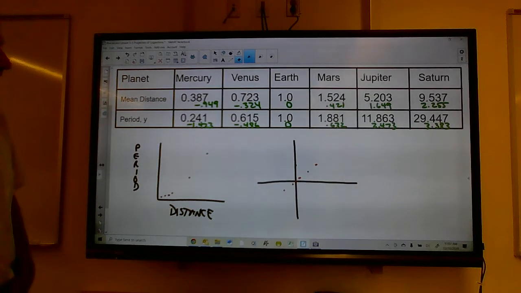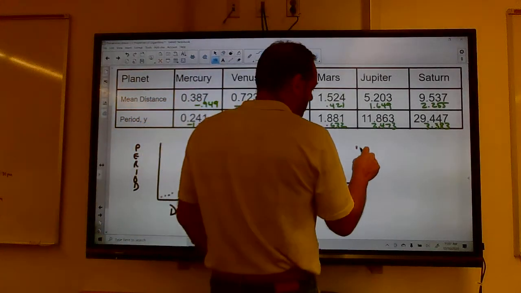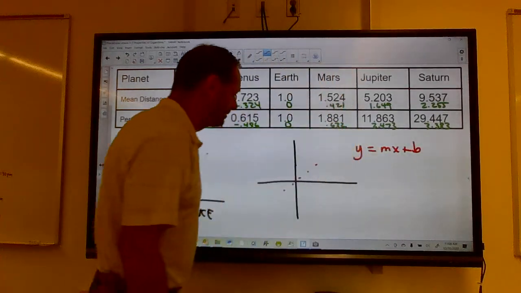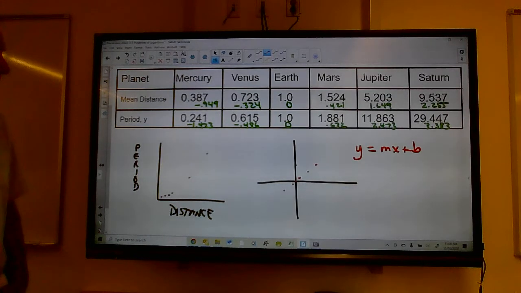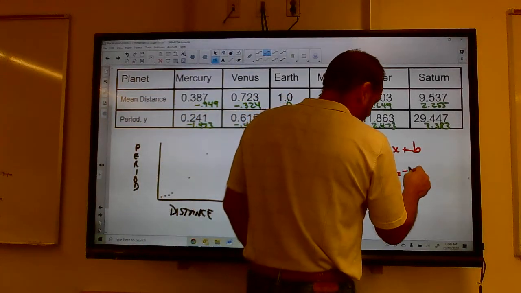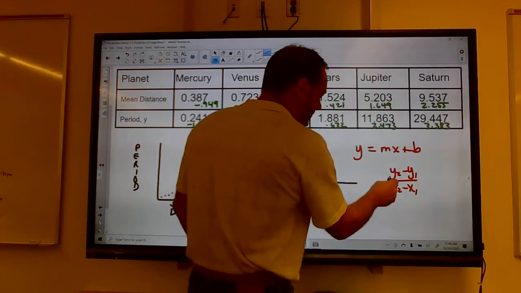And we can easily find the equation of a line. So we can say, well, y equals mx plus b. And we can find the slope by taking 2 points and doing the y2 minus y1 over x2 minus x1 thing. That'll give us the slope.